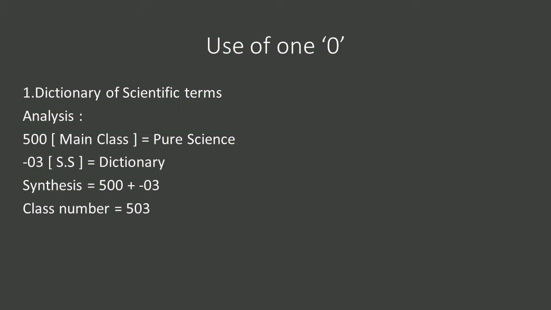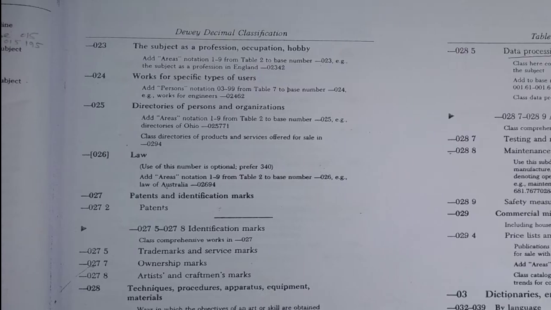Okay. Now in the schedule there is not the notation of dictionary. You cannot find the notation of dictionary in the schedule. I have taken the notation of dictionary from the standard subdivision. That is why I have written -03 in square brackets. I have written SS, meaning standard subdivision, and equals dictionary. I will show you here.